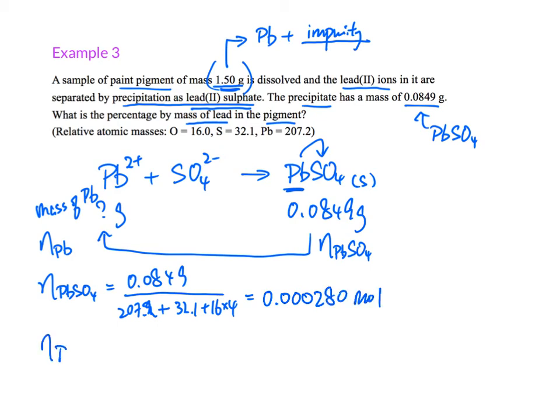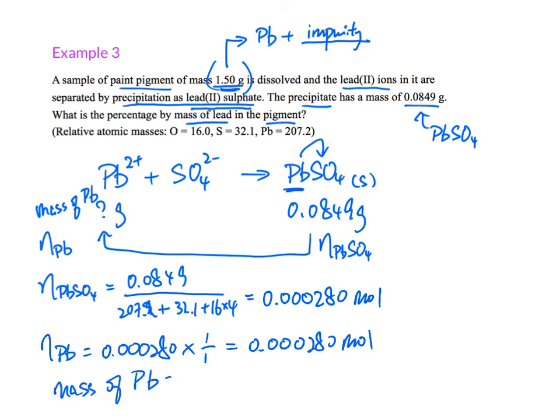For the number of moles of Pb, it will be the same, divided by 1 times 1. Wow, so many zeros. Then the mass of Pb will equal 0.000280 times 207.2.